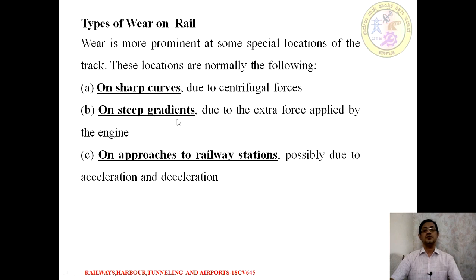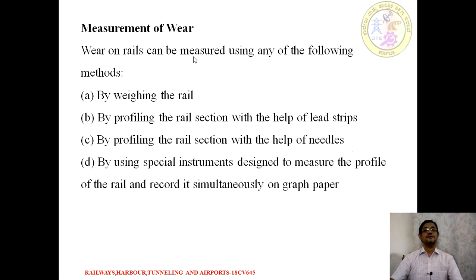Due to a steep gradient, the extra forces applied by the engine are also a causative factor for the wear of a rail. Next, on approaches to a railway station, where starting or stopping, that is acceleration or deceleration, takes place. These are the special occasions where we can expect wear of the rail surface.